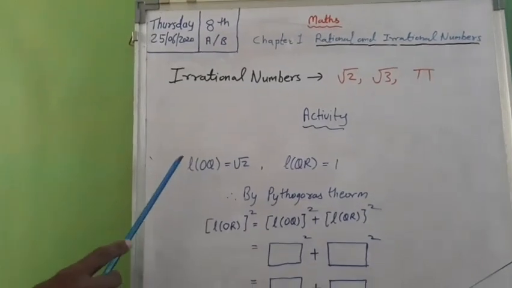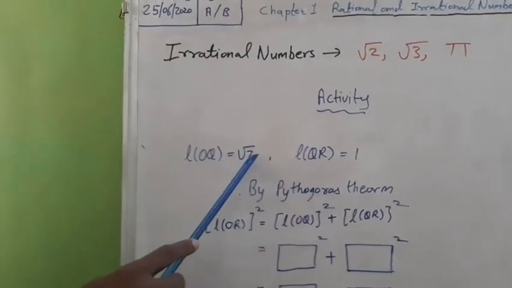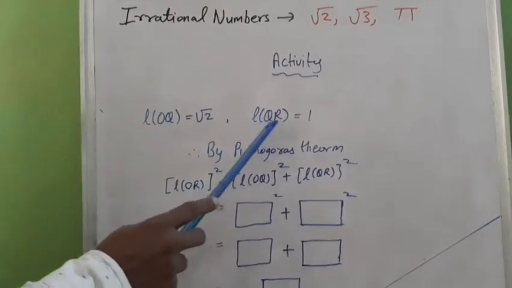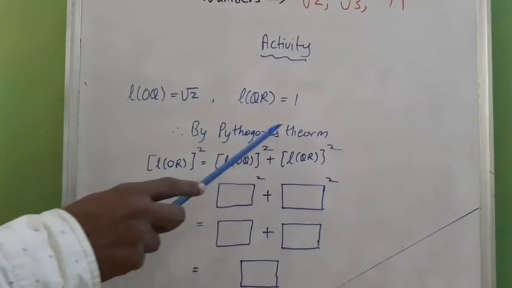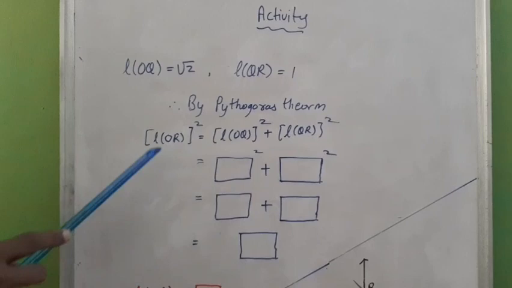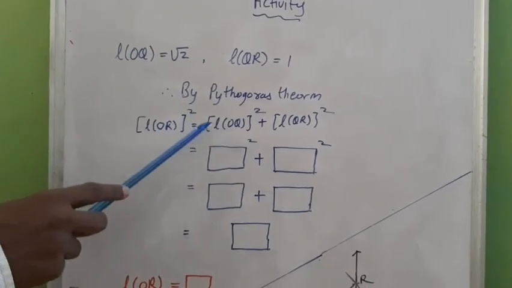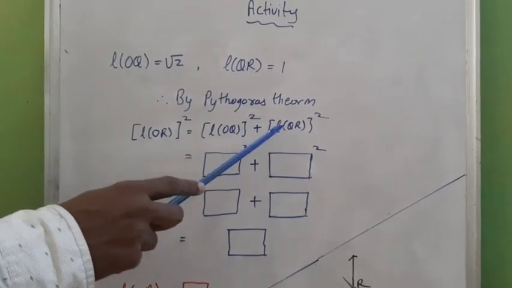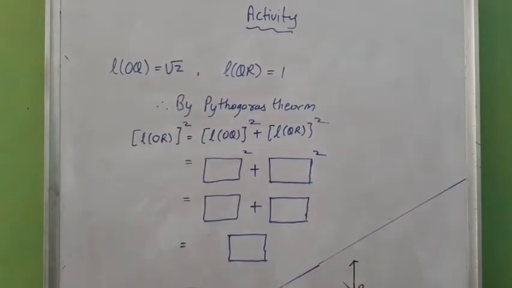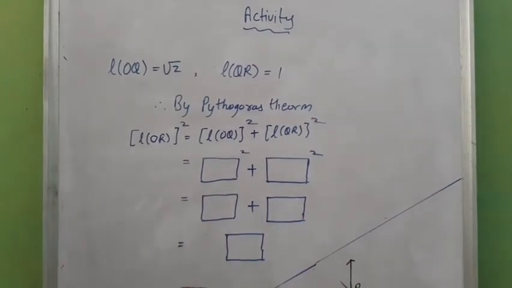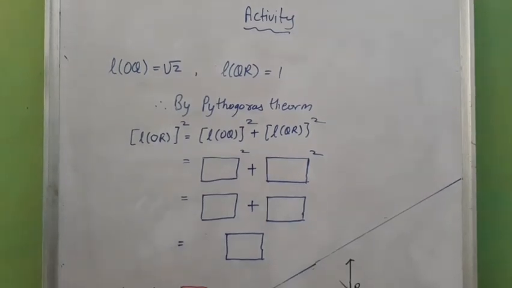See, OQ is √2, QR is 1. Applying the Pythagoras theorem here, OR square equals OQ square plus QR square. Substitute the values.